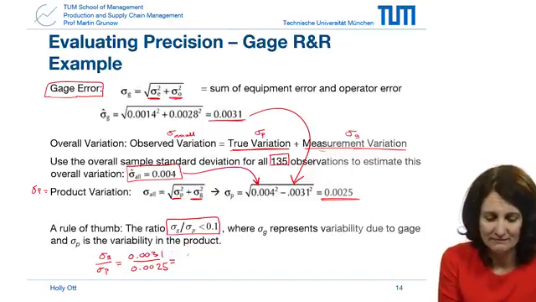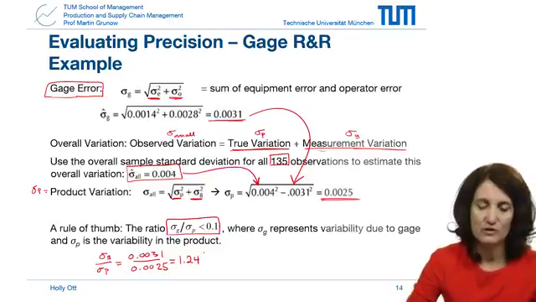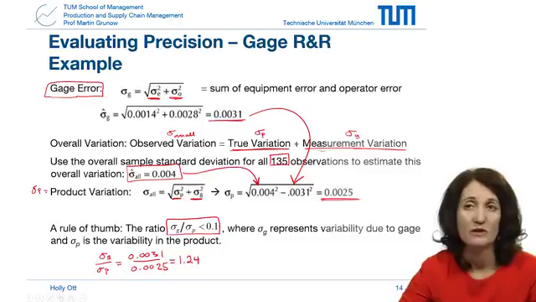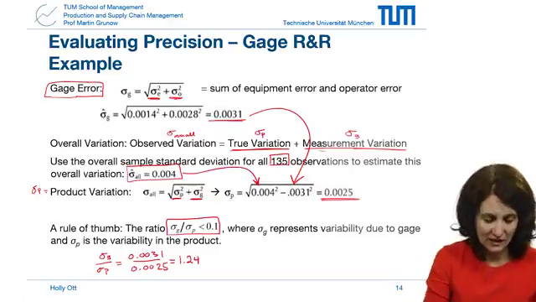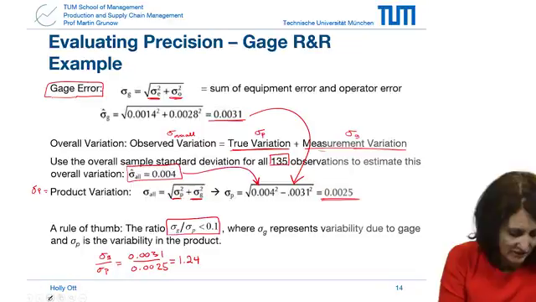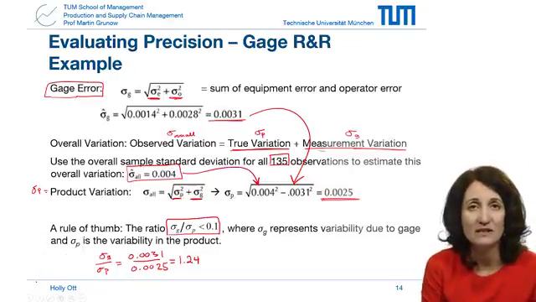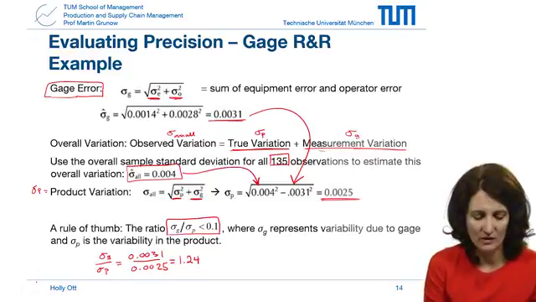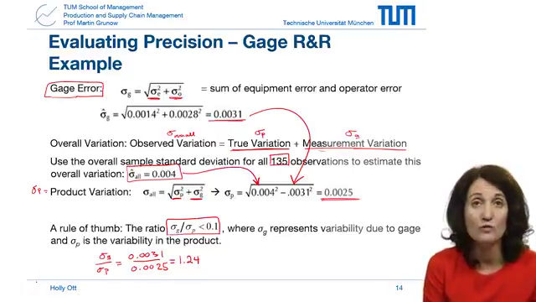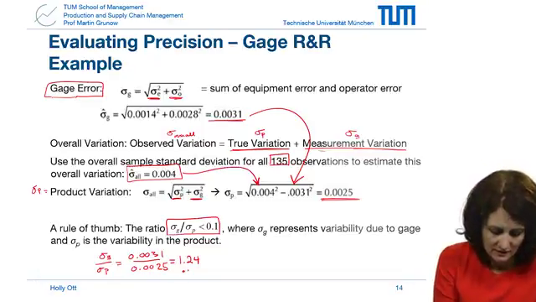What do you get? 1.24. So 1.24 is certainly not less than 10%. This means that the instrument or the gauge error is significantly larger than our true product variation. This is unacceptable. Very bad.